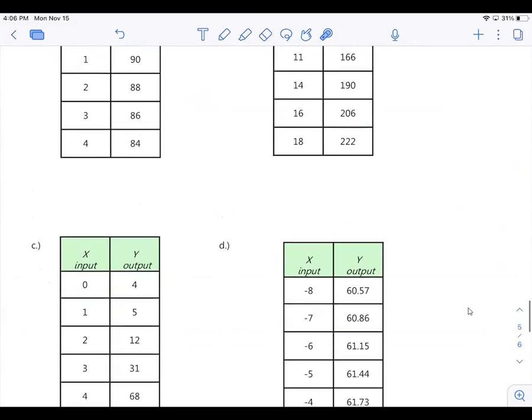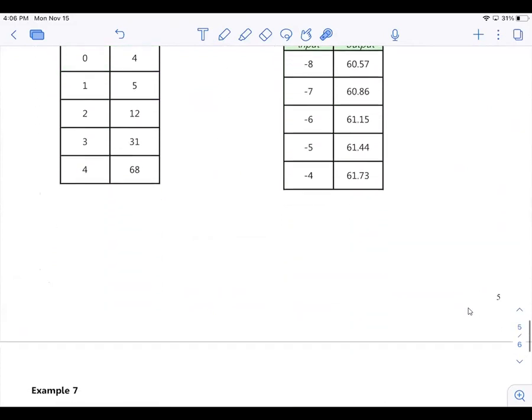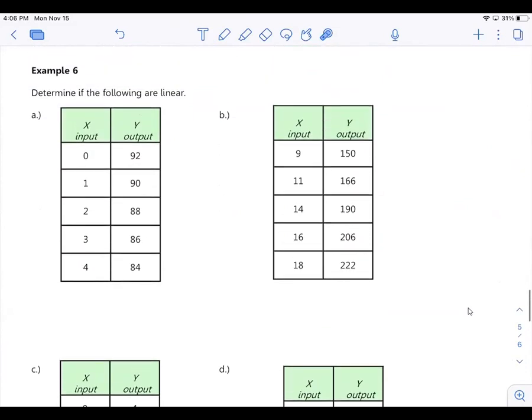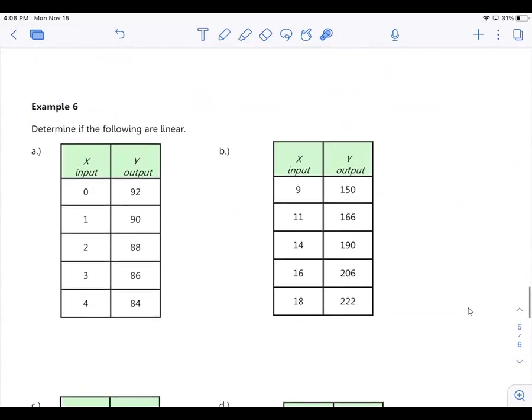Okay. So what we're going to do now is we're going to determine if A is linear together. And then you're going to go into breakout rooms and figure out if B, C, and D are linear. So some of them, if you can look at it, please do. And if you can't, you got to find that slope a million times.